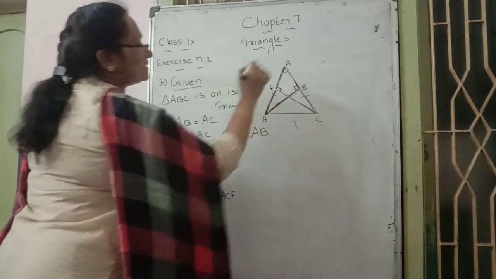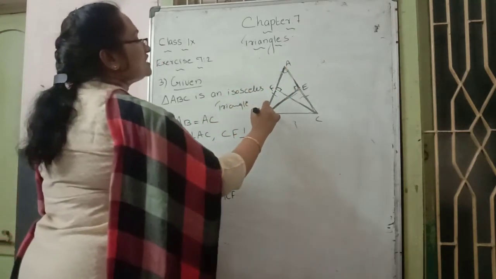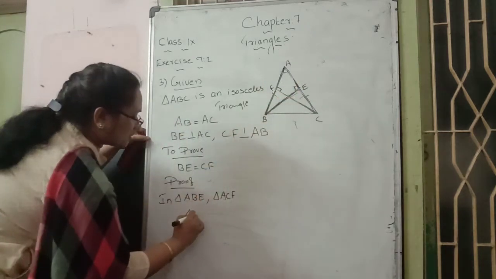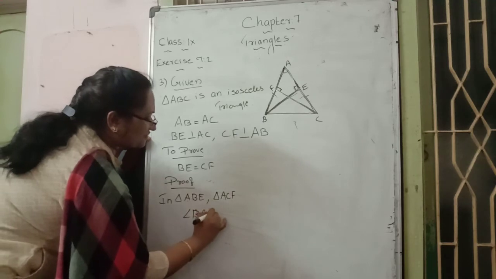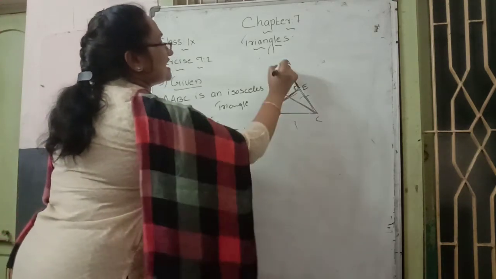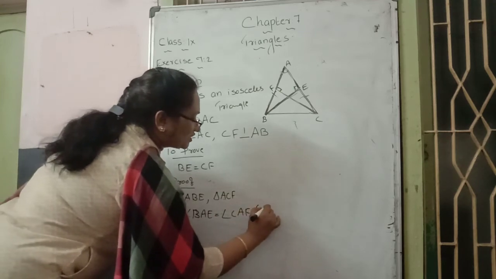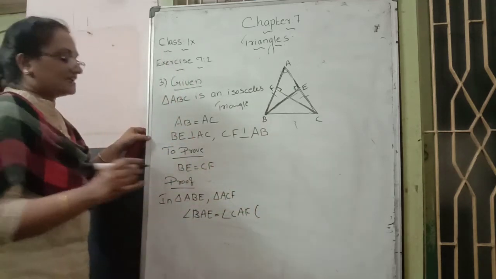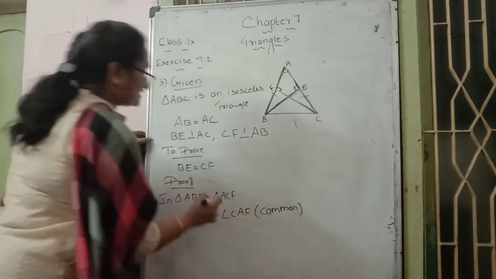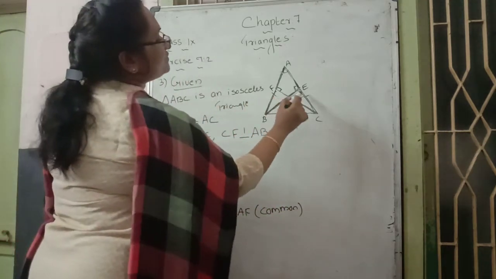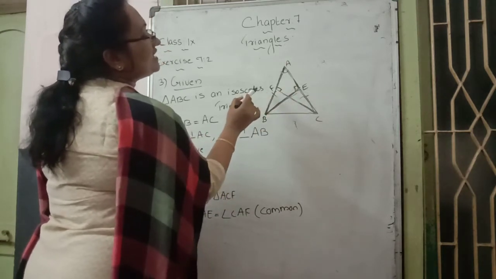Angle A is common, so when writing angles: angle BAE of the first triangle and angle CAF of the second triangle are equal, because angle A is common to both triangles. Next, angle E and angle F are 90 degrees.